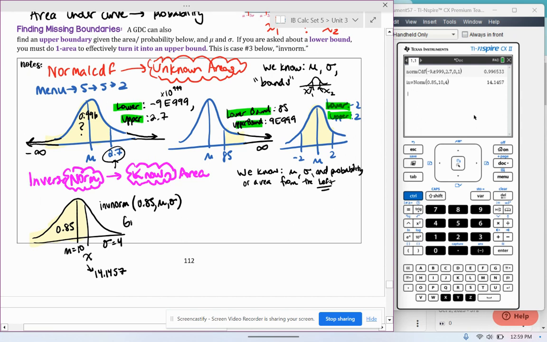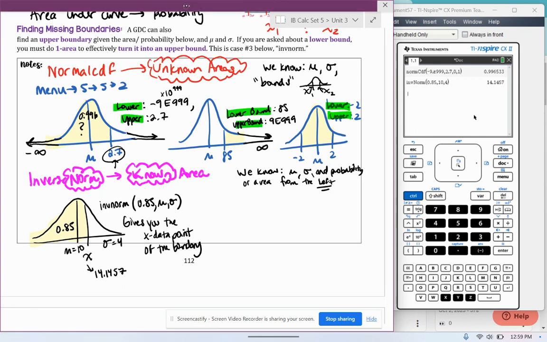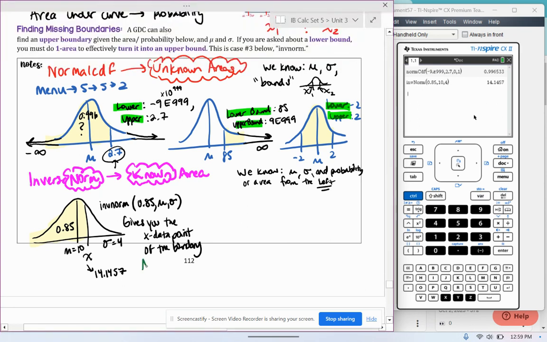So it gives you the X data point of the boundary. And notice when we're given the area from the left, we are good to go. Area from left, good to go.